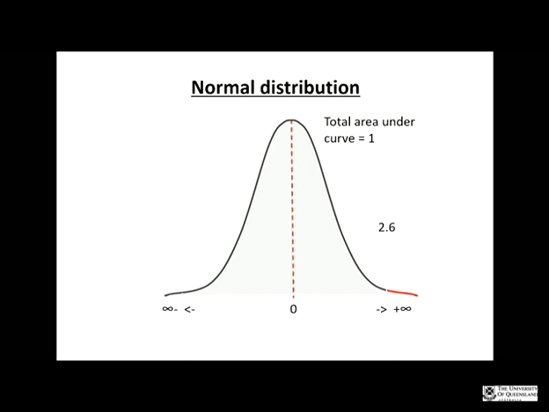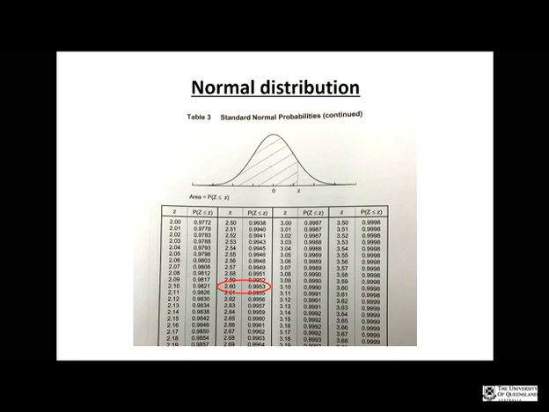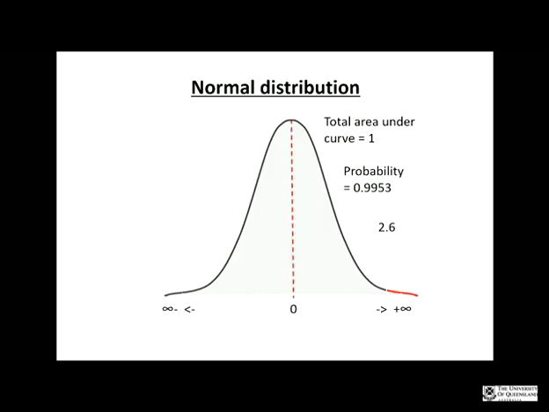So it's the same on the other side, except you'll see that when you go over this side, 2.6, 0.9953, because remember this table is giving you the probability of everything to the left of that z-score, okay? So if you go over to the other side, it's a 0.9953 chance that it will be everything to the left of that. But the red area is still the same probability.